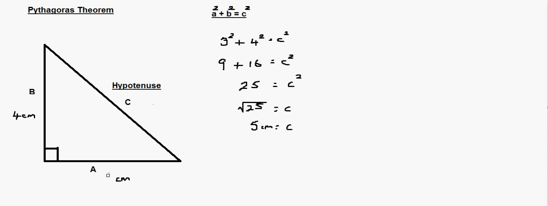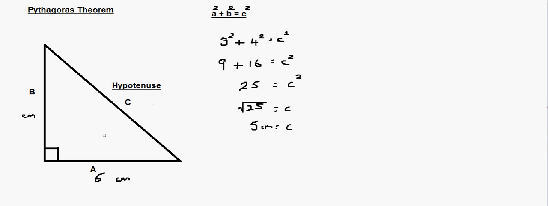Okay, let's say that this side is 5 centimeters.